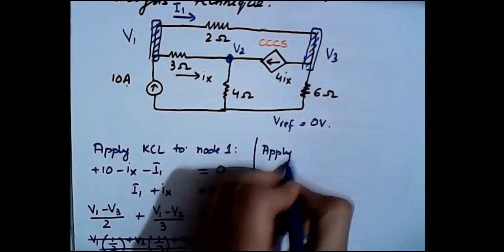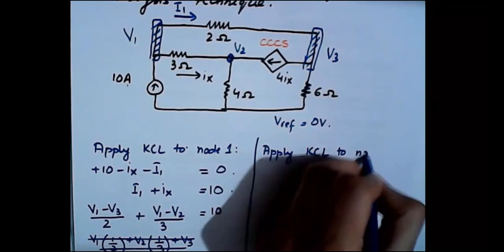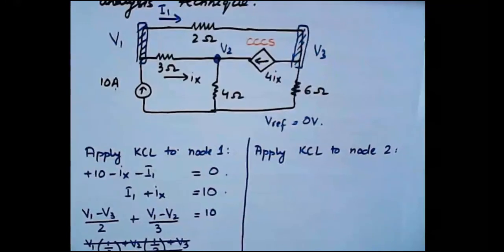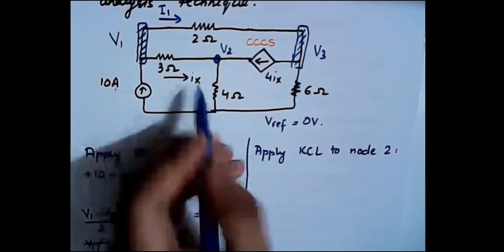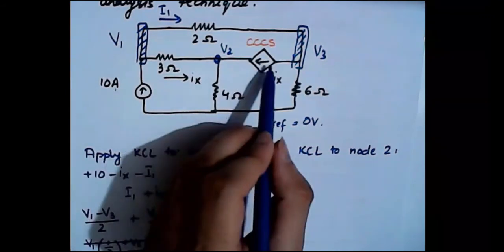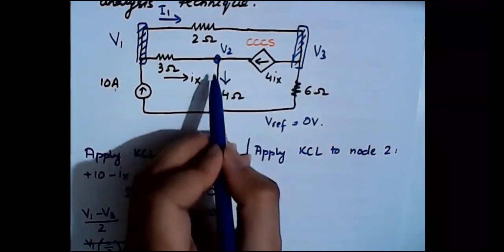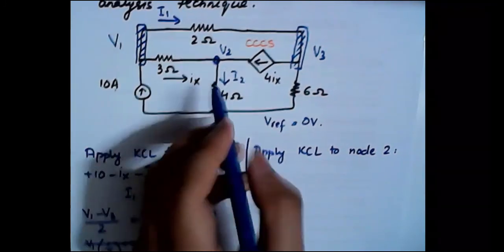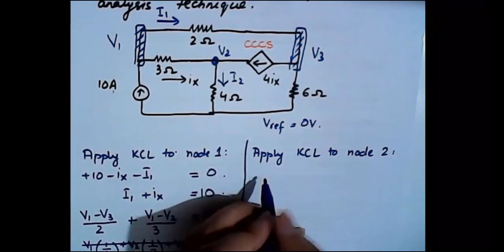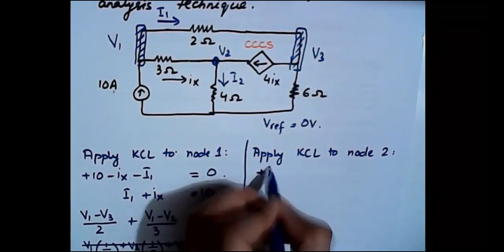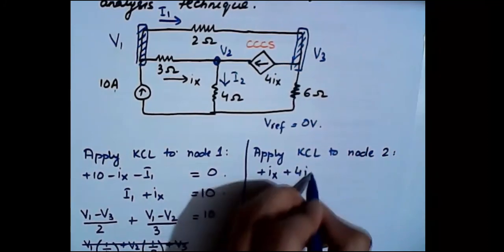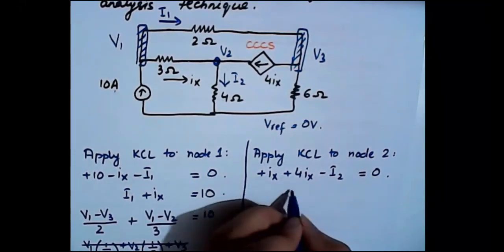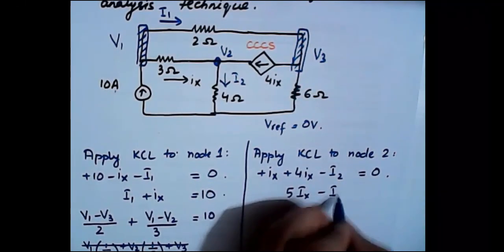Apply KCL to node 2, and here you can see now Ix current is entering, 4Ix current is also entering, and the current through the 4 ohm branch, let's name it as I2, so it will become plus Ix plus 4Ix minus I2 is equal to 0, right? So that makes 5Ix minus I2 is equal to 0.